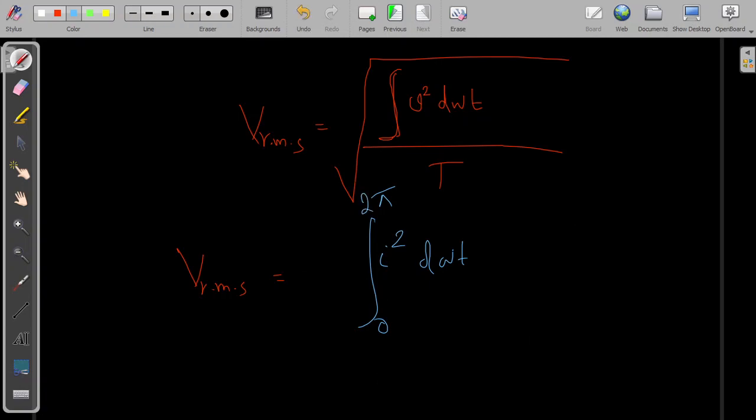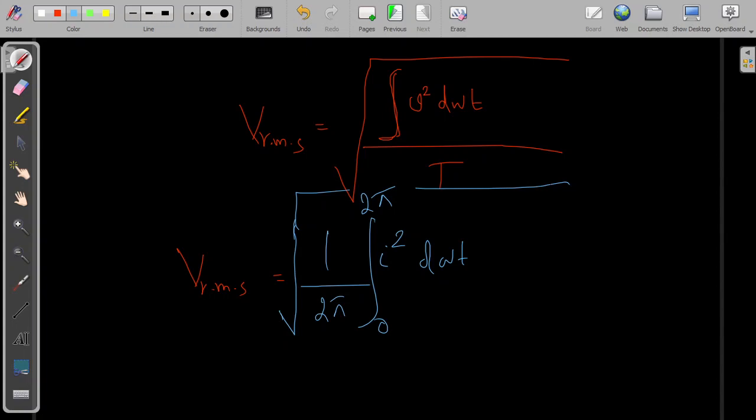So this is the area, and then area divided by base, that is 1 by base, where base means the length of one cycle of the alternating current waveform, that is 1 by 2 pi. Okay, and finally apply the square root like this.